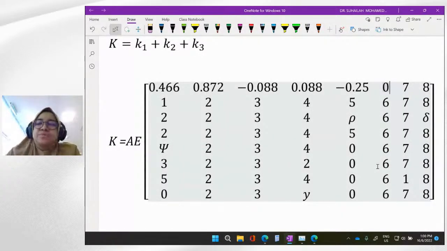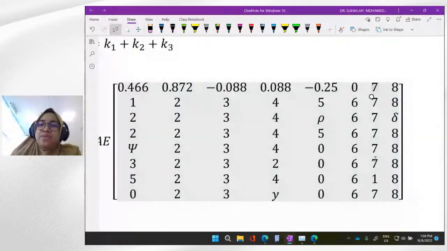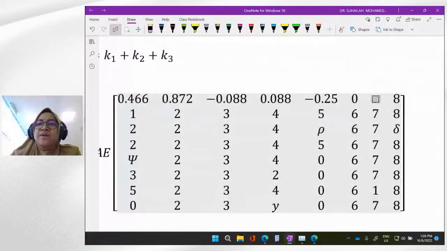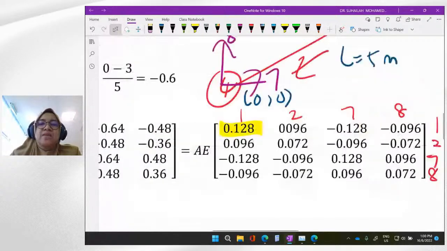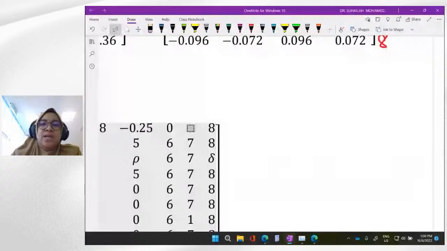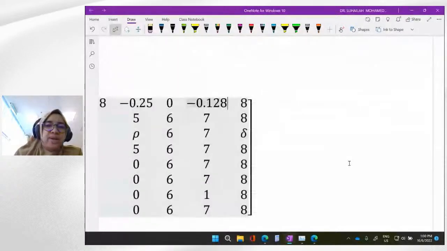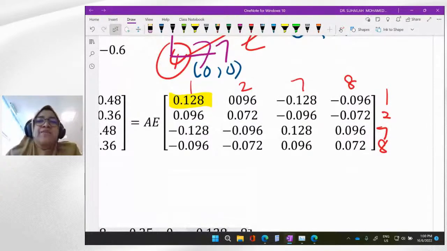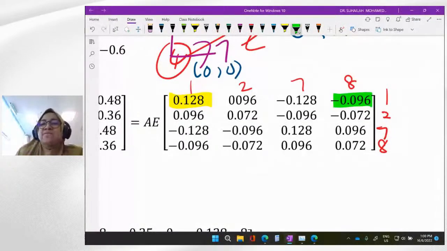Position 1, 7 we get from K3. 1, 7 is equal to negative 0.128, and 1, 8 is negative 0.096. So find the value from K1, K2, and K3.